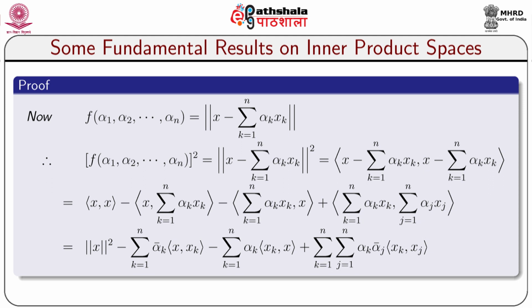Now proof. Now f of alpha 1, alpha 2, dot dot alpha n is equal to norm of x minus sigma k equal to 1 to n alpha k xk.